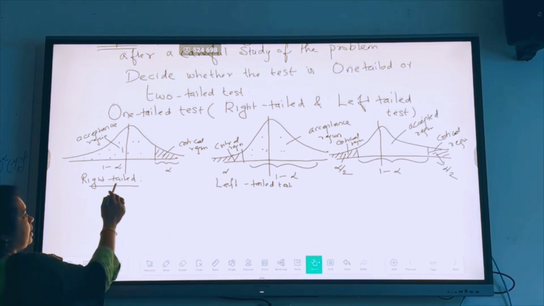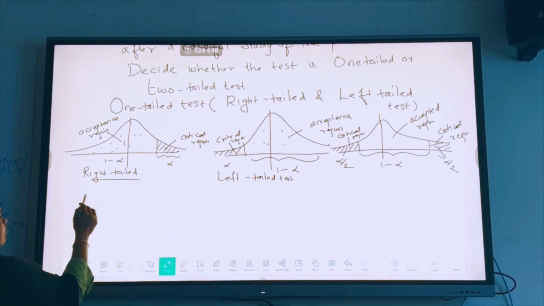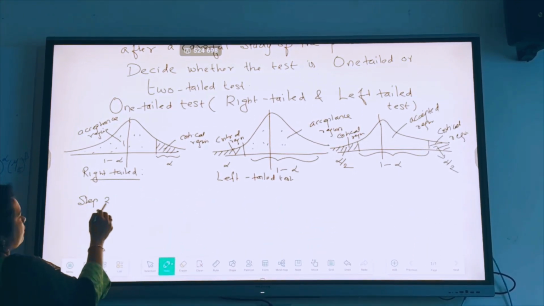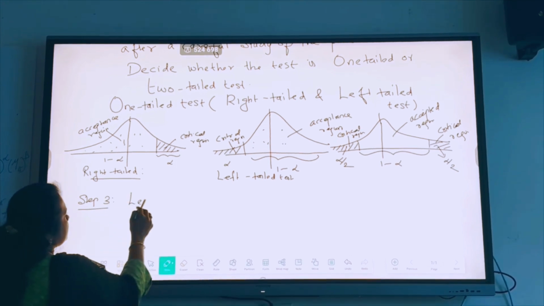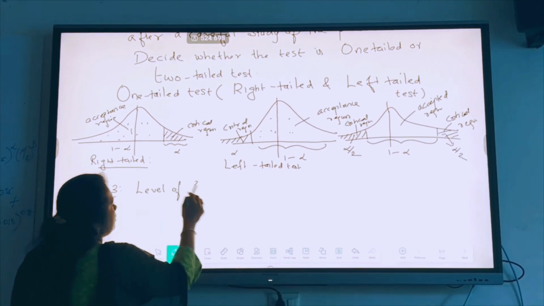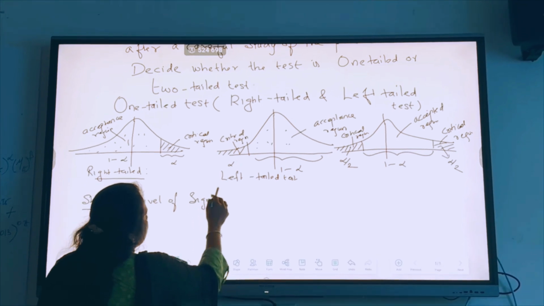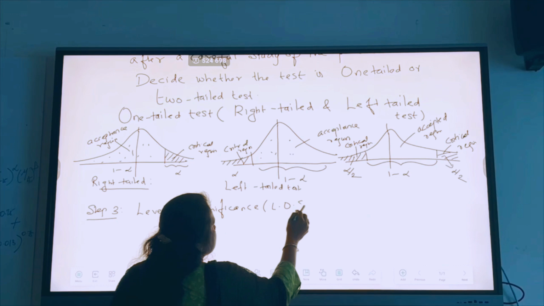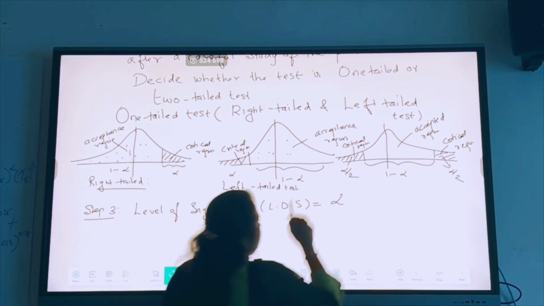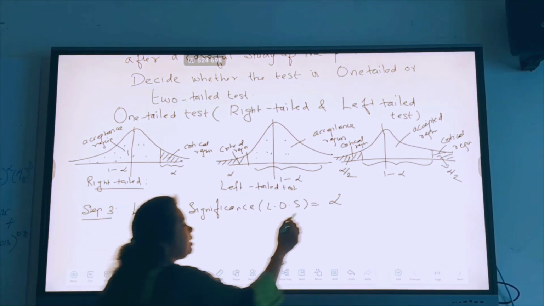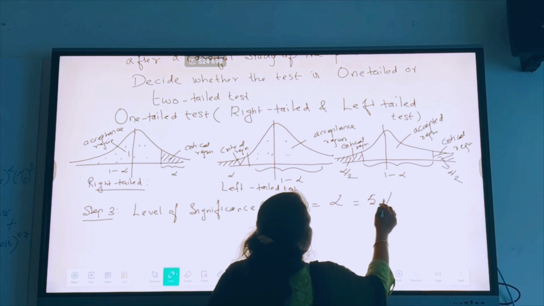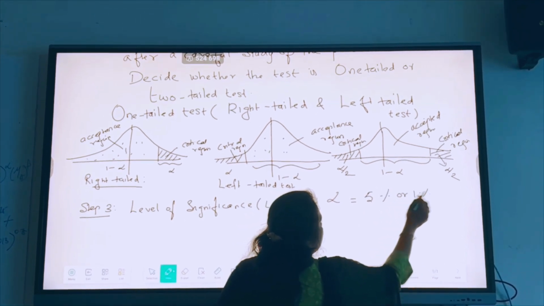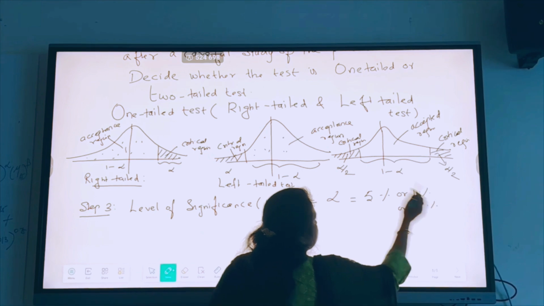Now step 3 is level of significance, which is denoted by LOS, which is alpha. So alpha can be 5% or 1% or 10%.